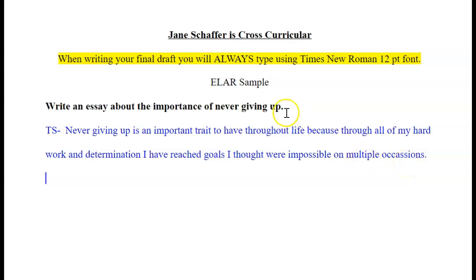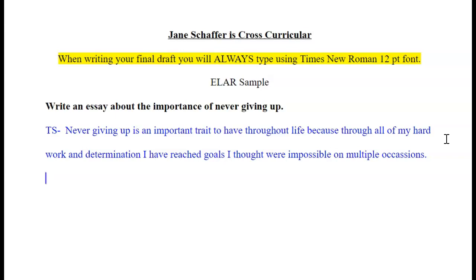So I respond to the prompt that is given in that first sentence and give a little explanation on what the paragraph is going to be about. Okay, so I know I'm going to be reading this paragraph and seeing that there was a goal that was reached, and it took hard work and determination when I thought it was not possible to reach it.